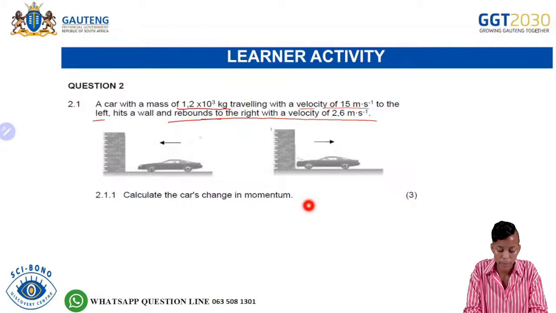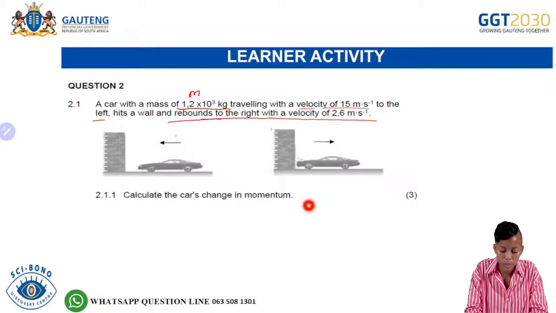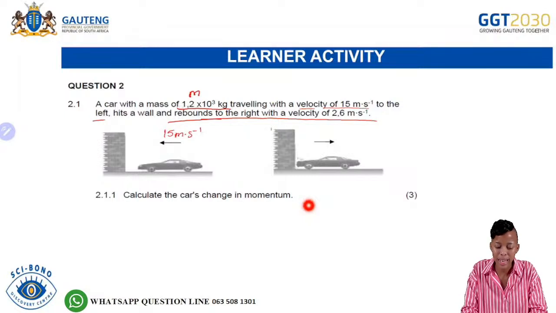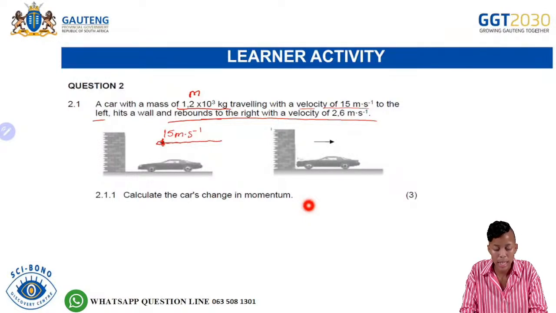So there's the car. It's going in which direction? So the car has a mass. Mass is m. Is traveling with a velocity of 15 meters per second. In which direction? To the left. So we follow this arrow to the left. There is our left there, hits a wall.